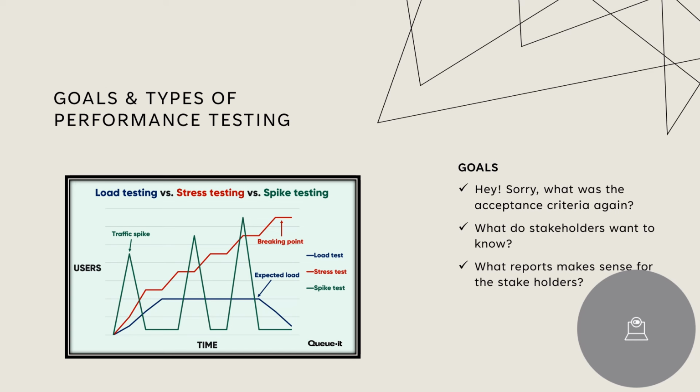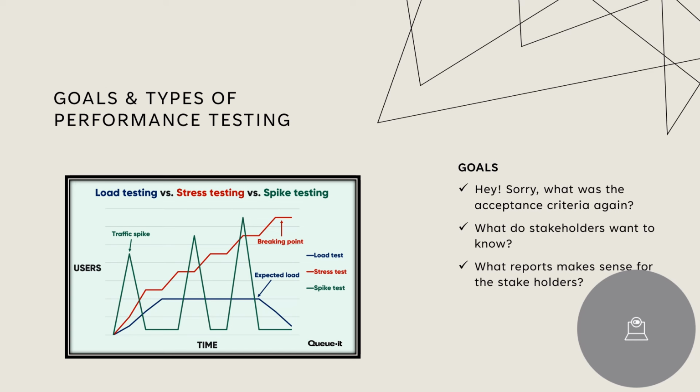Let us look at the blue line, which is related to the load test. In the load test, we gradually increase the number of users to a certain point, to an expected number of users, and we perform it for some time, and we end the test.